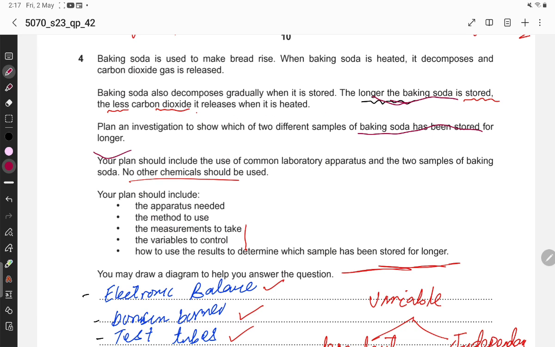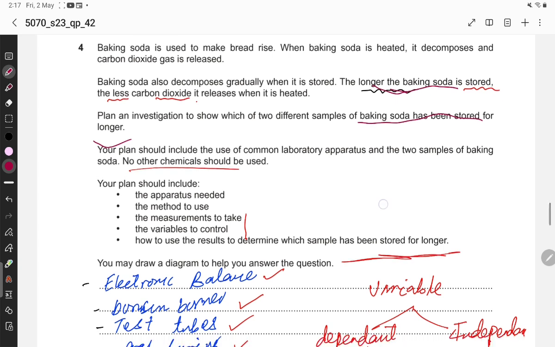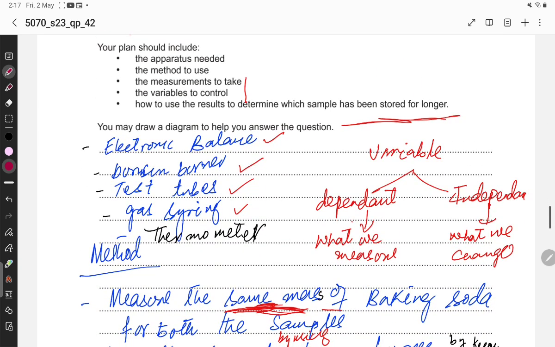So the shorter the storage time, the more carbon dioxide is released when it is heated. You may draw a diagram to help answer the question.